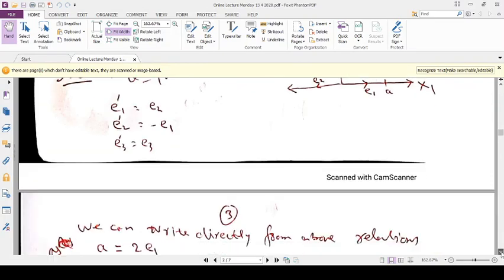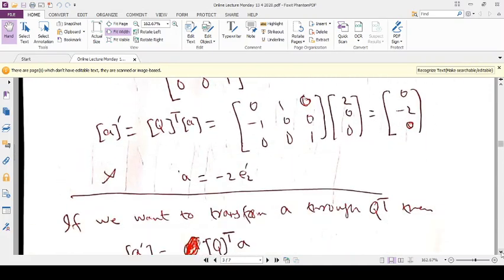Your vector A is equal to 2E1, and the result is A is equal to minus 2E2 dash. Both vectors are the same in this example: A equals 2E1, and after solution we have A equal to minus 2E2 dash. The vectors are the same.